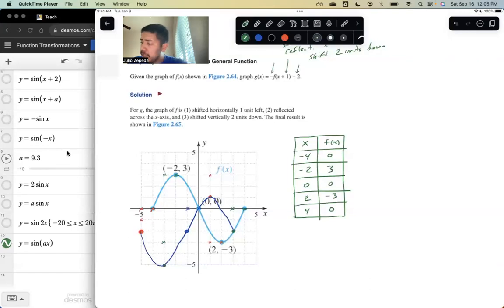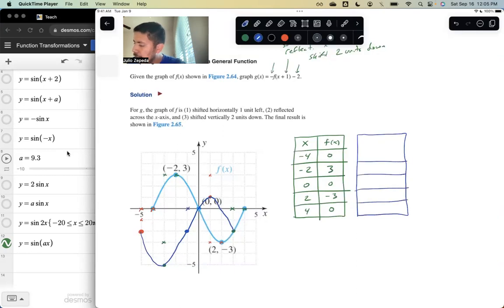So here's how to tell what the x and y values are if you have just a certain transformation. Let's say x and f of x plus 1.